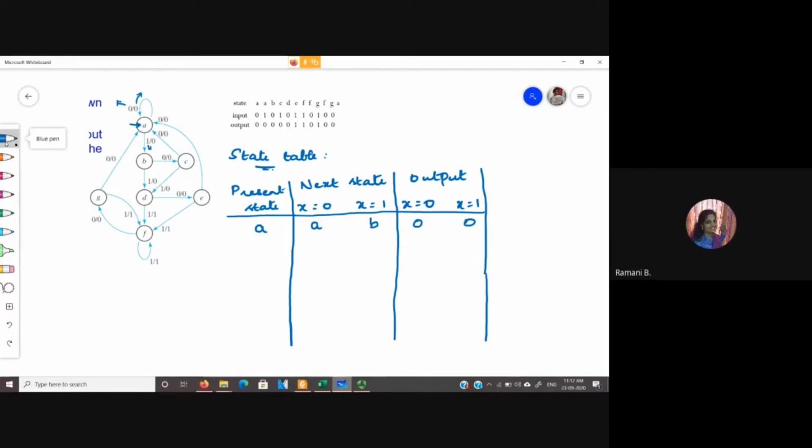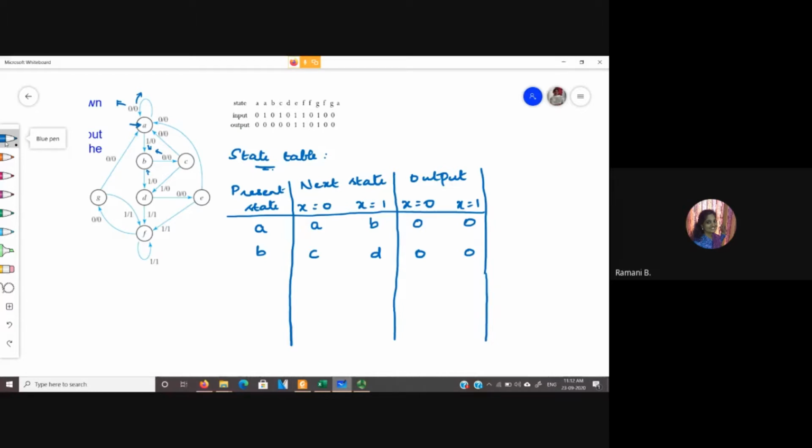For present state B, you can see two arrows going out. The first one shows the input is 0, and at that time it is going to state C, and when the input is 1, it is going to state D. The output in both cases is 0.